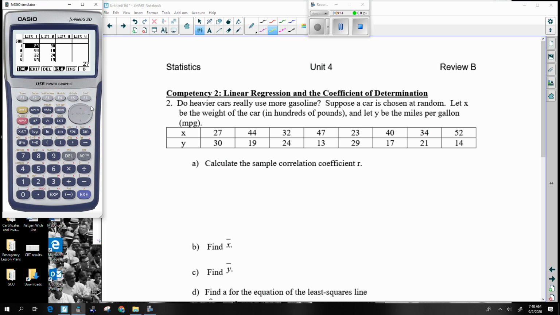Okay, where I will get all of this stuff is I go calc, regression, X regression, and then again, you'll have to hit the A plus BX, not AX plus B, but the A plus BX. So again, my A should be your B, my B should be your A, your calculator should be correct.